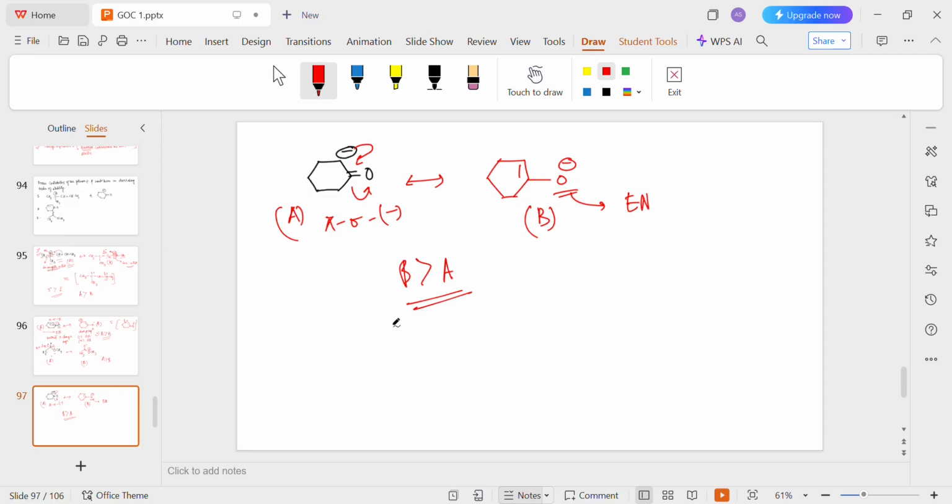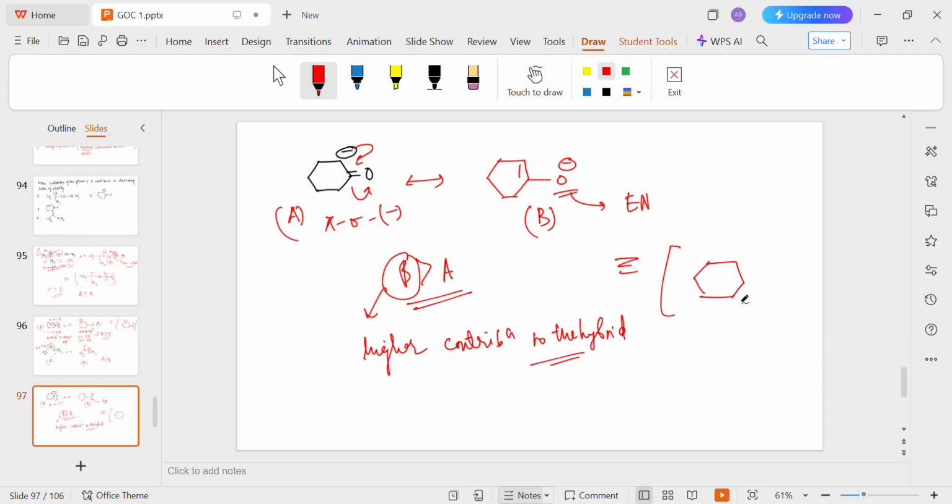Alright, so structure B is a more stable contributor than structure A. So its contribution will be higher in the hybrid. And you can draw the hybrid structure very well. Pi density here, pi density here, partial negative here. Okay, this is the hybrid.